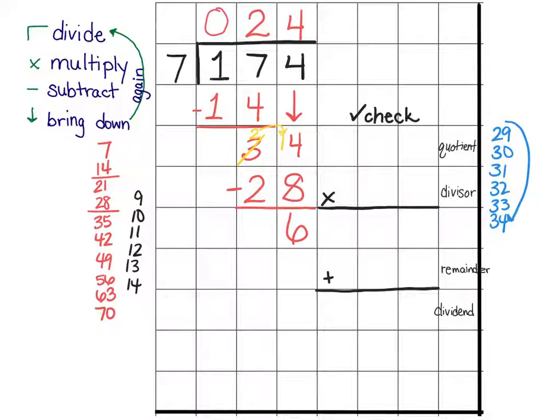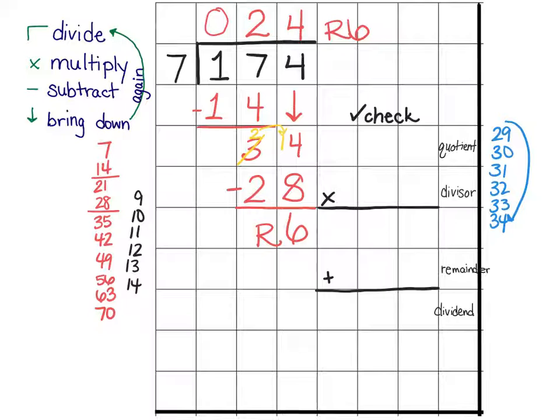And that is 6. So that's our 6 also. Then after we subtract, we bring down. We have nothing left to bring down, so 6 is our remainder. We have a remainder of 6.